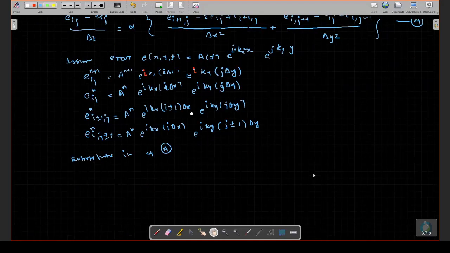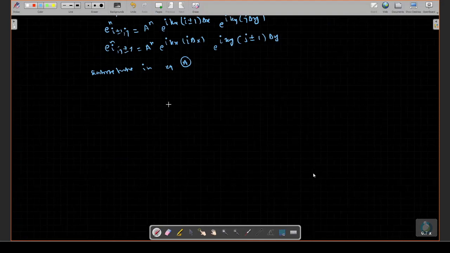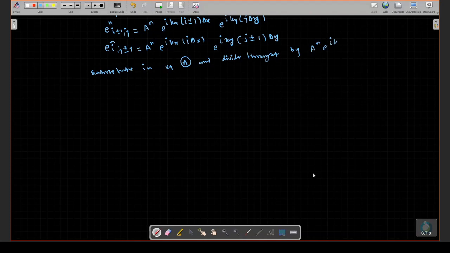So after substitution, these values will look like this, and divide throughout by A_n e^(iκ_x i Δx) e^(iκ_y j Δy). I'll just not write the other things.